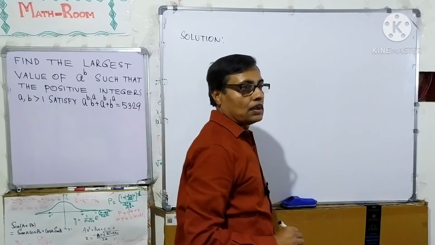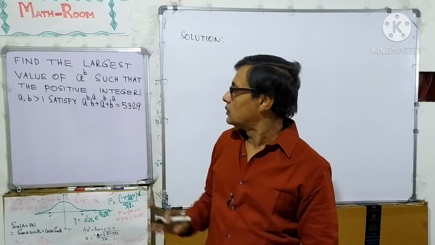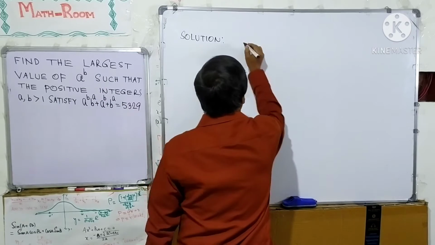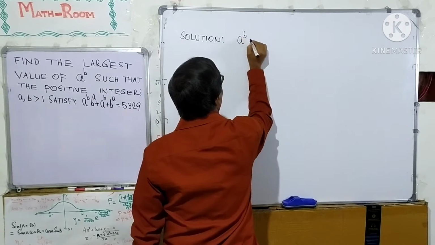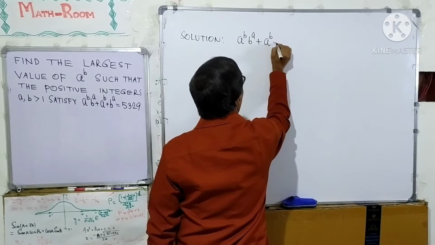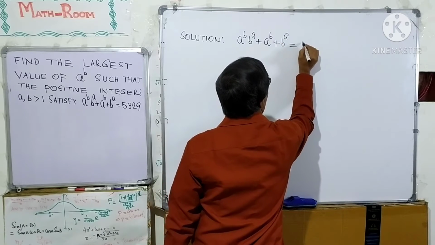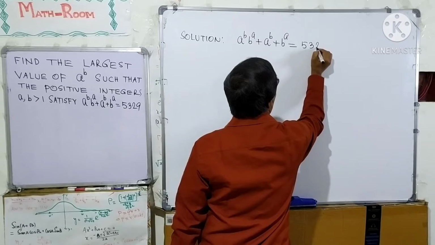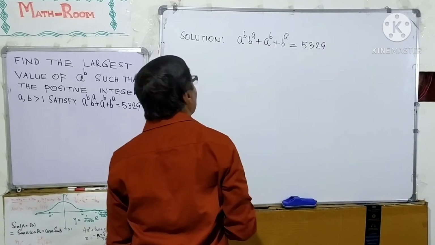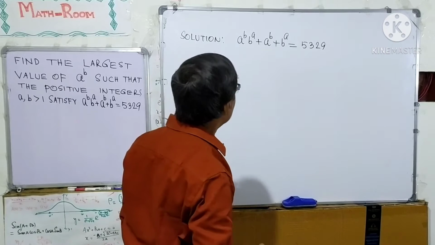Here at first we write down this relation: a to the power b to the power a plus a to the power b plus b to the power a equal to 5329. This relation is given.